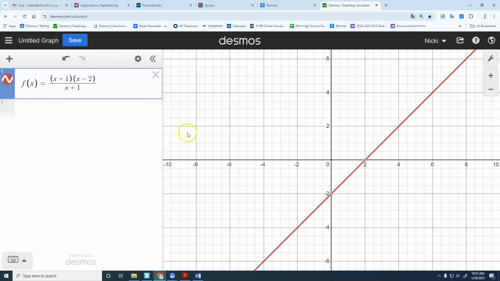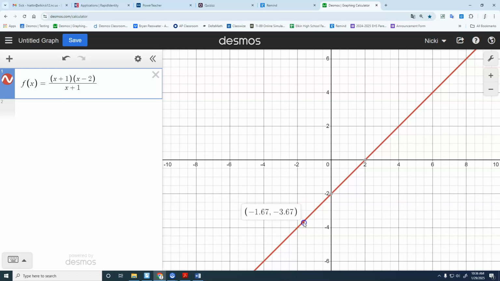Do you guys see the hole at negative 1? It's not there, right? It doesn't show up. That is because negative 1 is not on the graph, but negative 0.999999999 is. So theoretically, the hole doesn't show up when you're looking at it.